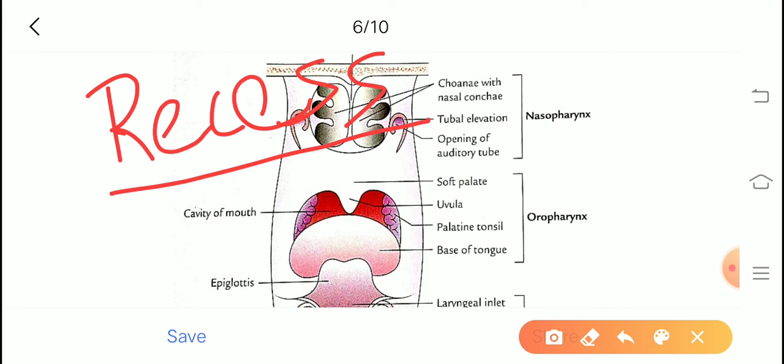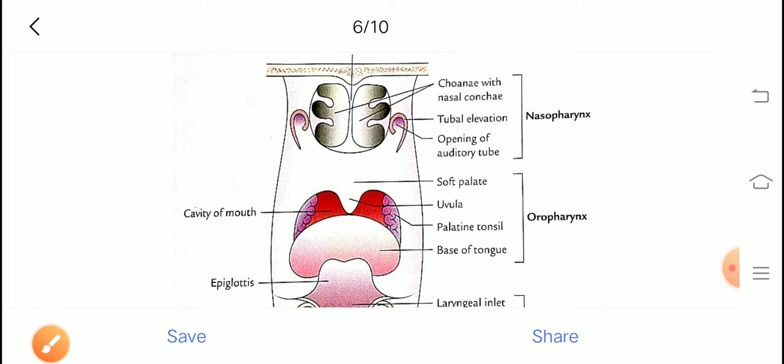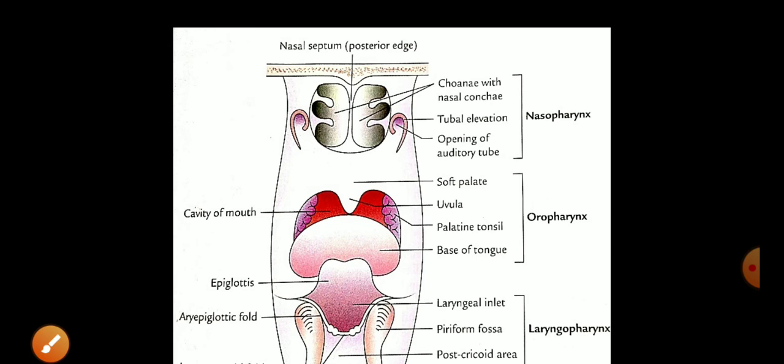So it is a kind of space in the pharynx behind the tubal elevation. The tubal elevation is not shown in this picture, but the recess is present behind it, and it is also called the fossa of Rosenmuller.